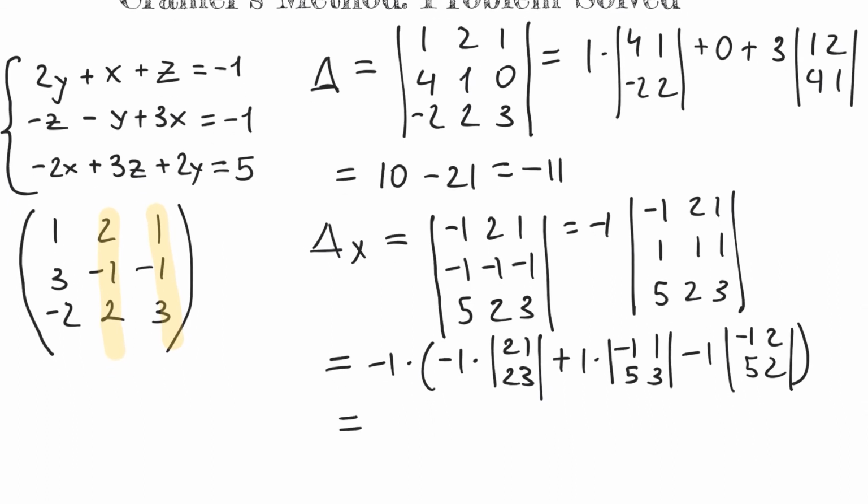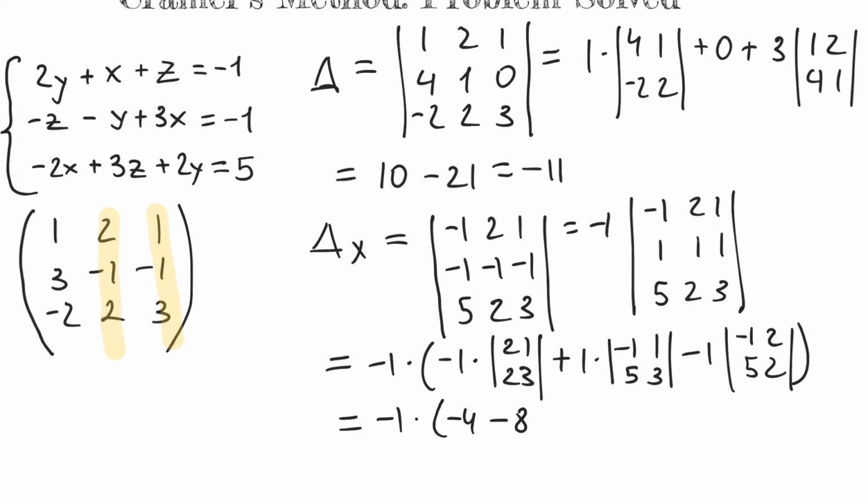If we calculate that, we get -1 multiplied by, so the first term is 6 minus 2, 4, so -4. -3 minus 5 is -8, so -8. And -2 minus 10 is -12.